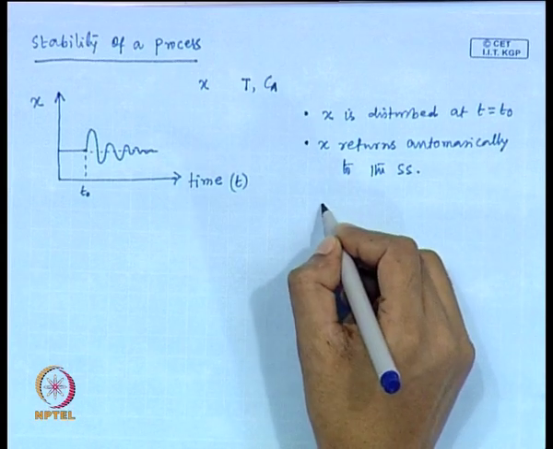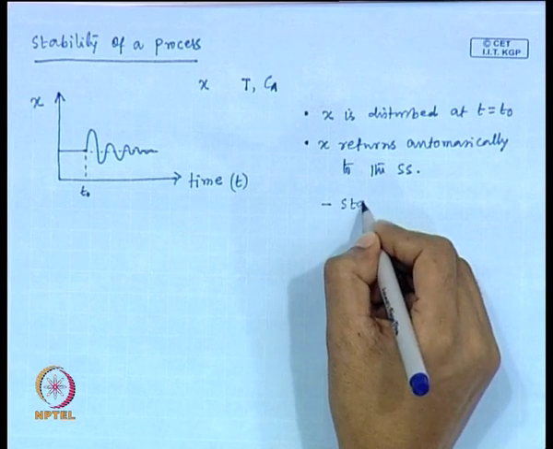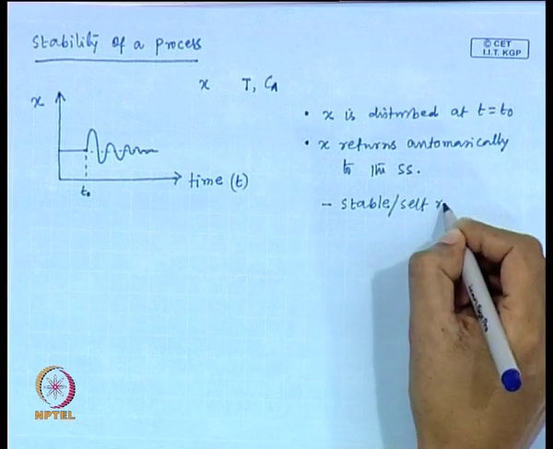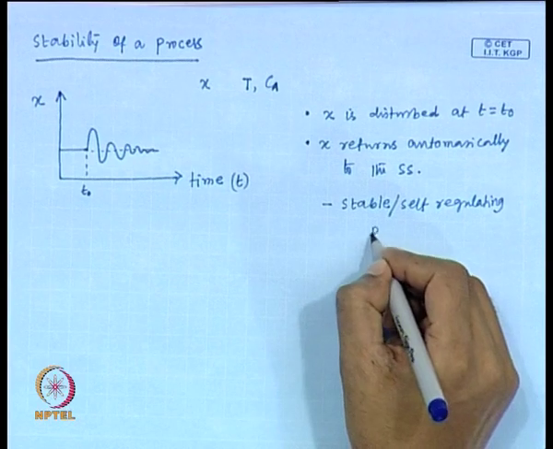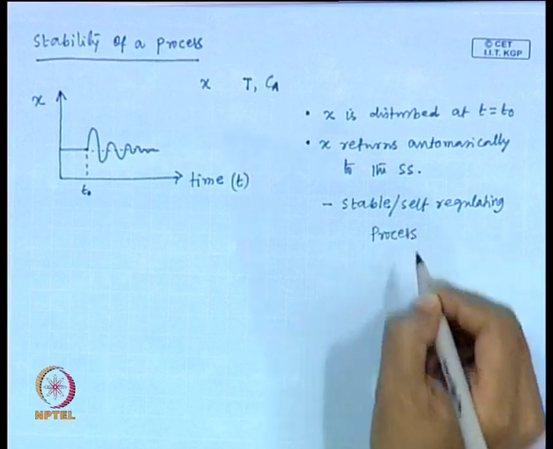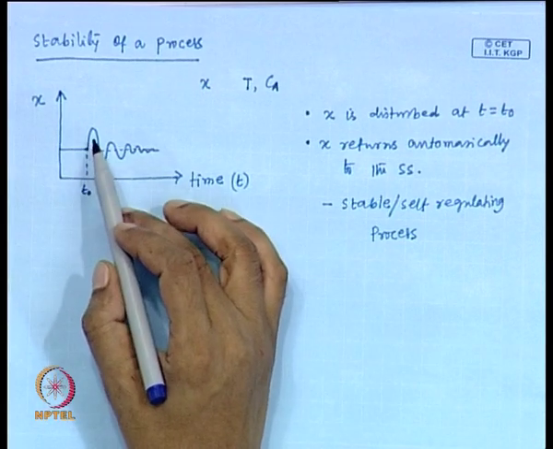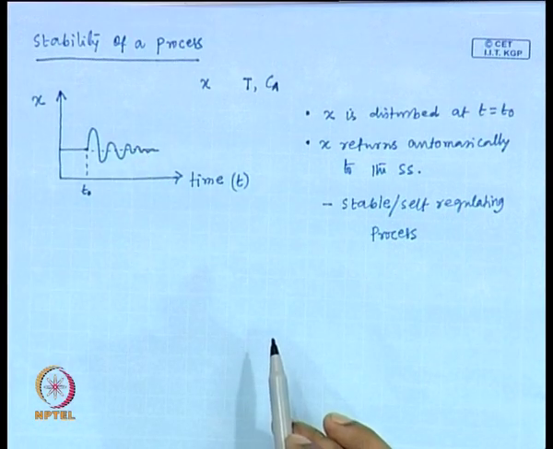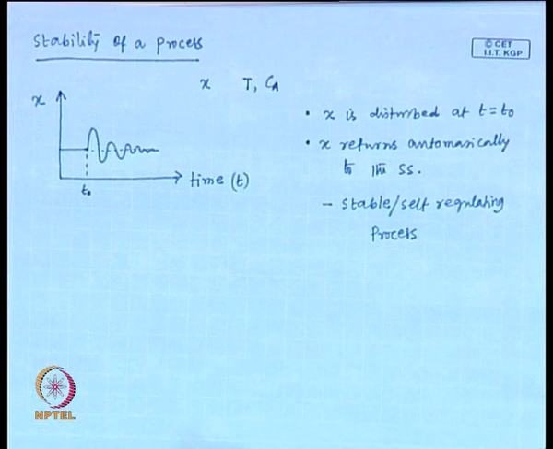If this is the case, this type of process is called a stable or self-regulating process. Fine. X returns automatically to the steady state value, and this type of process is called stable process or self-regulating process.